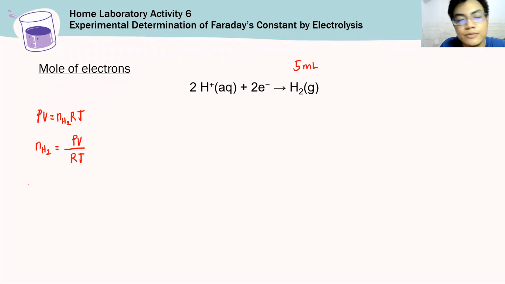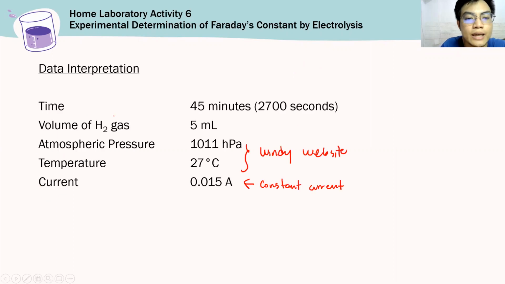So let's try to solve for the mole of hydrogen gas using the experimental data I have. For the pressure, I have 1011 hectopascals. Now, how will you convert it into atmospheres? So 1 hectopascal is equal to 100 pascals, and 101,325 pascals is equal to 1 atm.